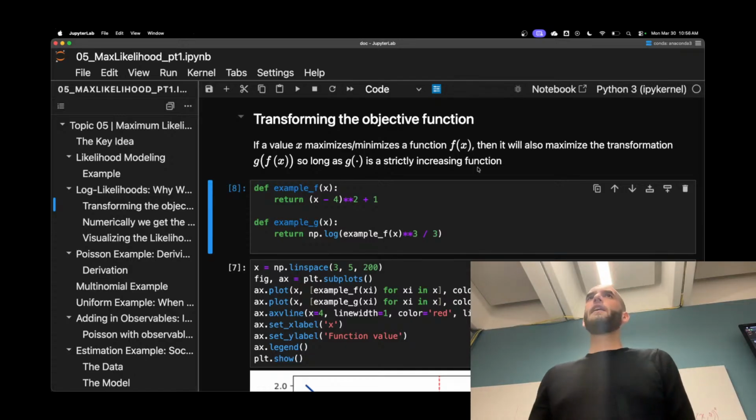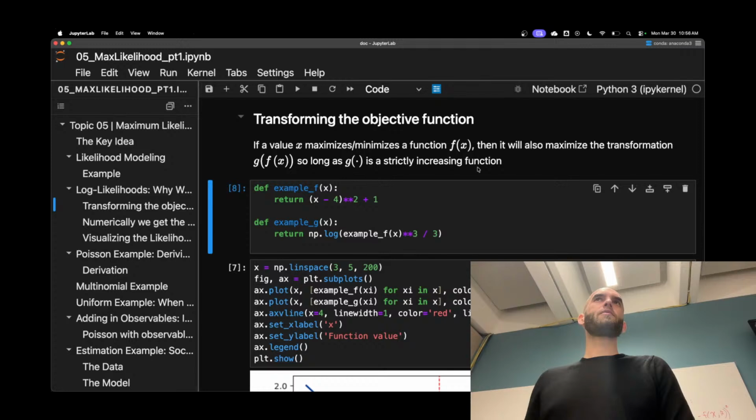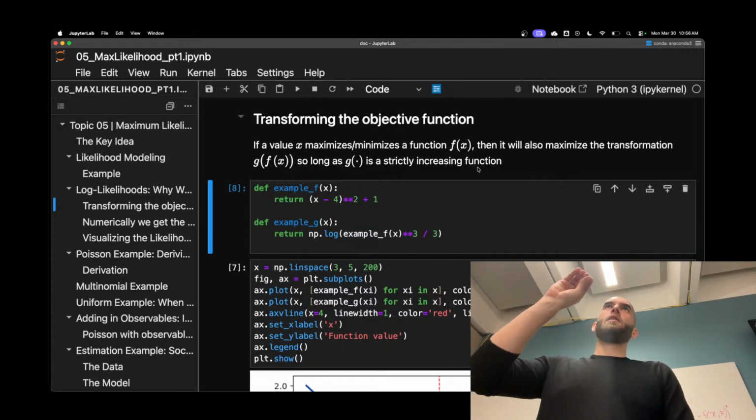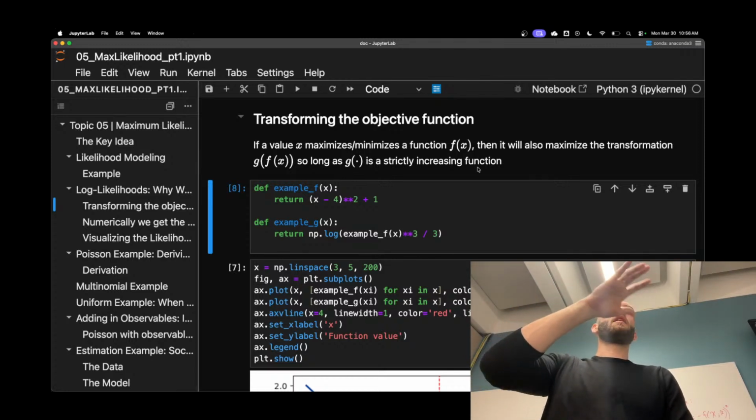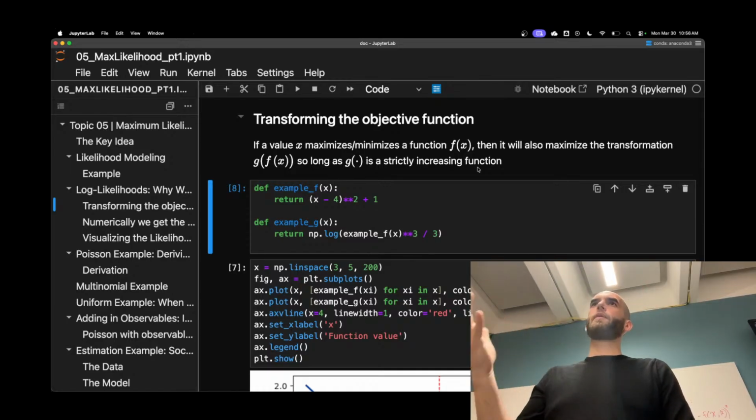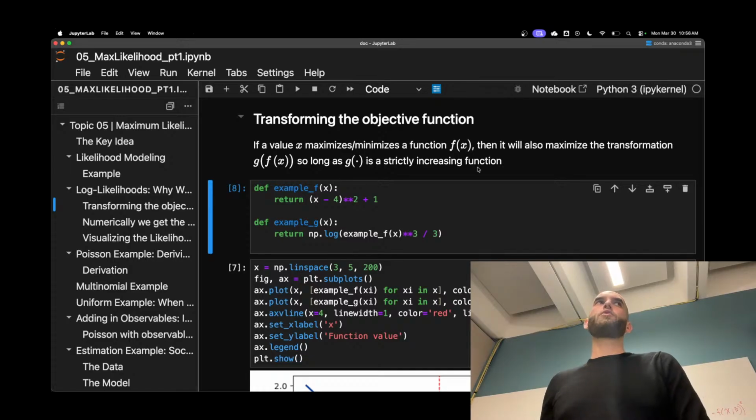I think you did this in intermediate micro sometimes, right? With utility functions, you sometimes do a log transformation and then you maximize the log. It's sort of a similar idea.